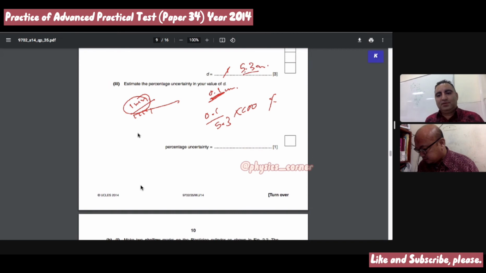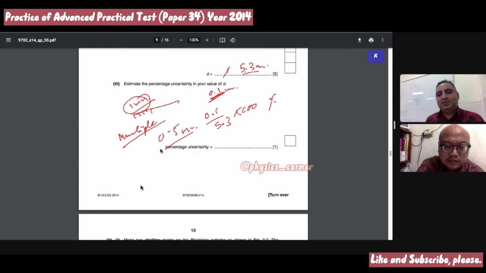But when we are using multiple readings, you can use 0.5 mm also. If it is only one reading, you cannot use 0.5. But if you are taking 2 or 3 readings and finding the average, in that case you can take 0.5.